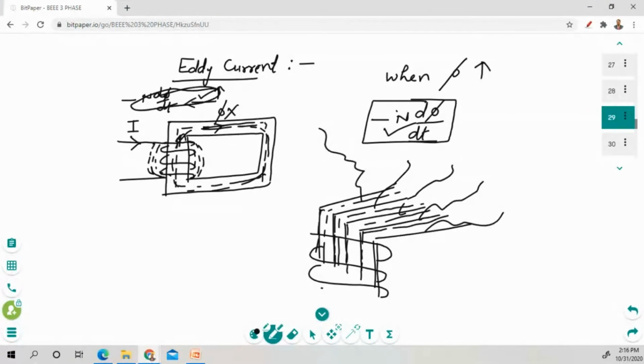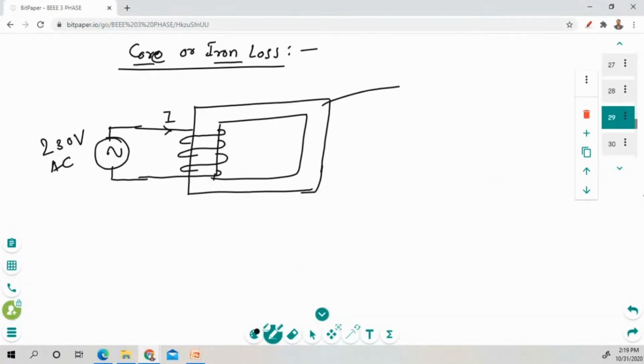This power is dissipated in the form of heat and is known as eddy current loss, which depends on the material concentrations. If these materials have more impurity, then more losses will be generated. If these materials are pure conductors, then fewer losses will be generated.